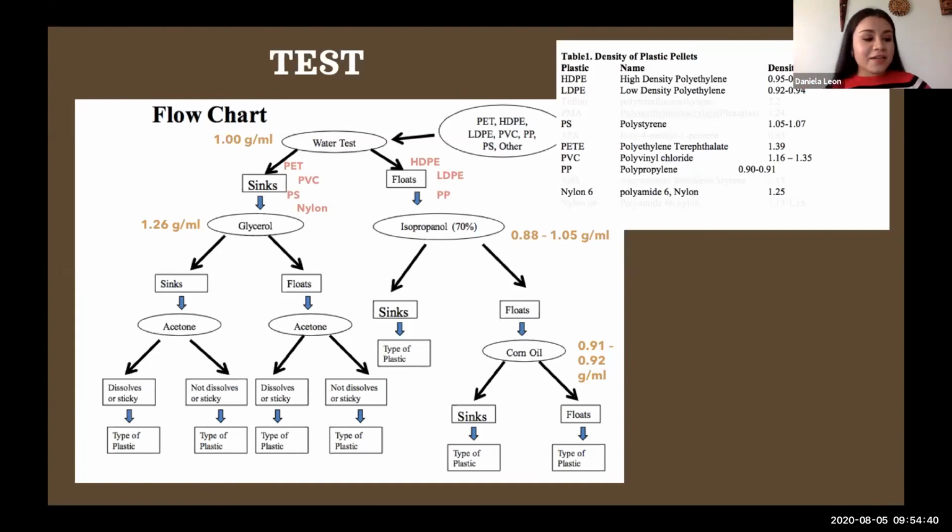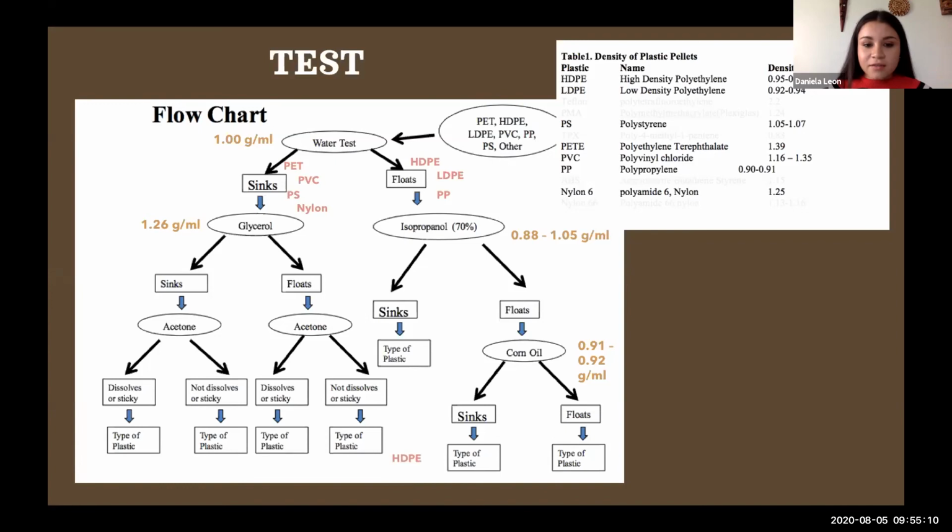Now, in order to make a distinction between high-density polyethylene and low-density polyethylene, we can make the same physical property test using 70% isopropanol, which has a density between 0.88 and 1.05 grams per milliliter. After performing this test, we will be able to identify one that will sink and two others that will float.